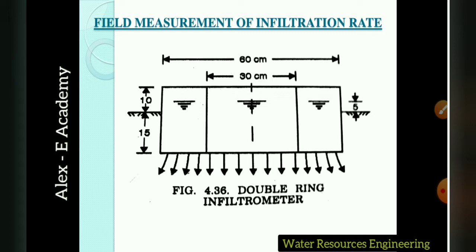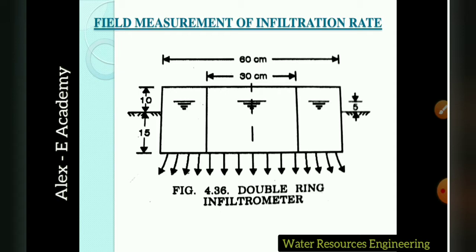The water level is kept the same for both cylinders. When the water level falls due to infiltration, more water is added to keep the head constant. Note the volume of water added to the inner cylinder only for a particular time. The outer cylinder is provided just to prevent lateral flow of water.